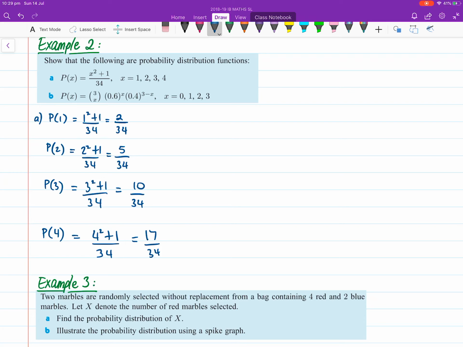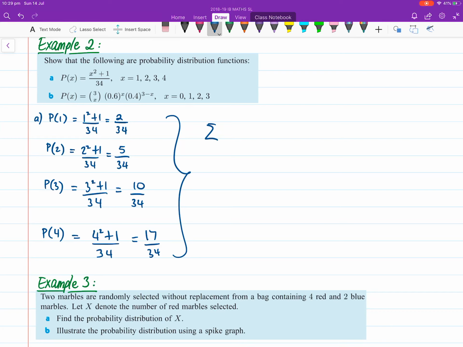Now, if this probability distribution function is complete for this set of events, then these probabilities should all add up to 1. It needs to obey that rule. So let's check it out.